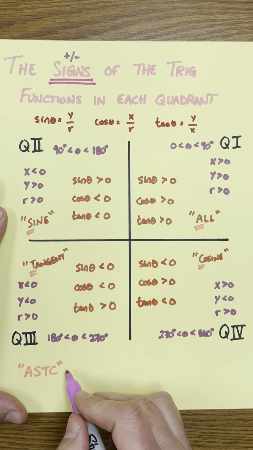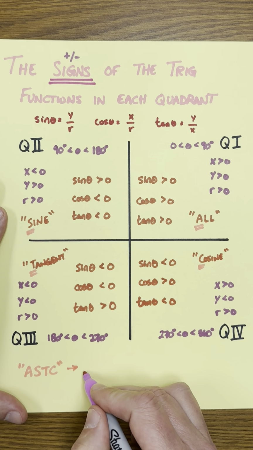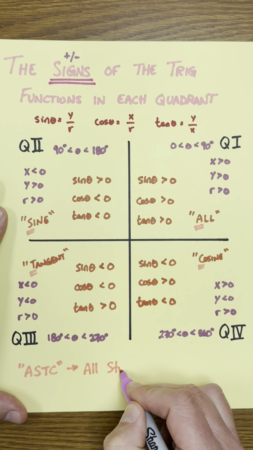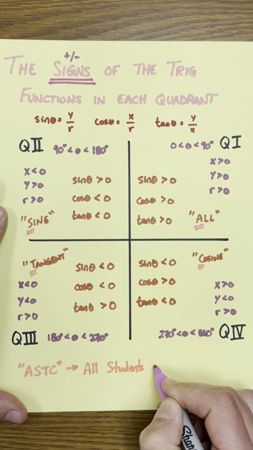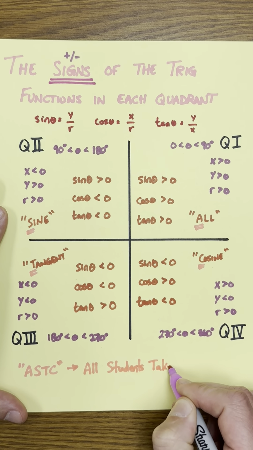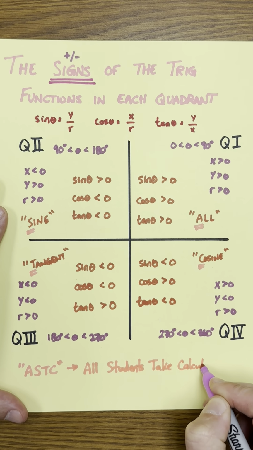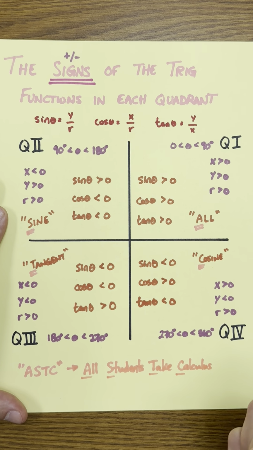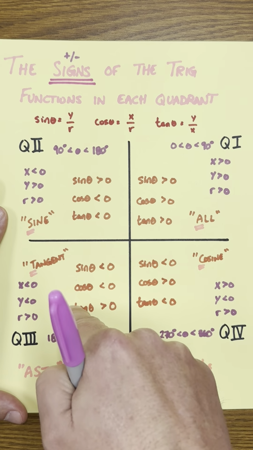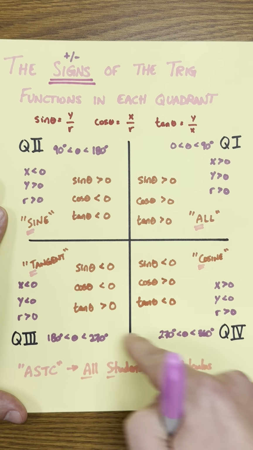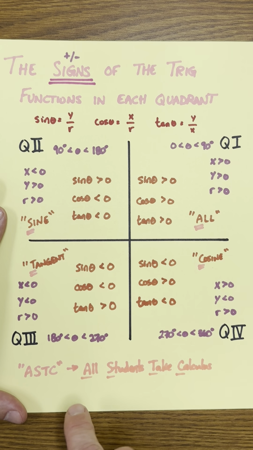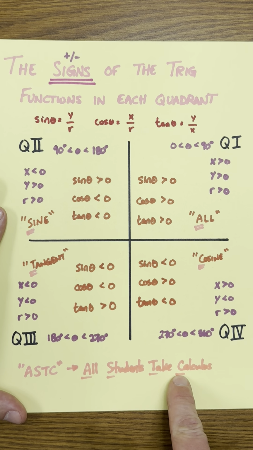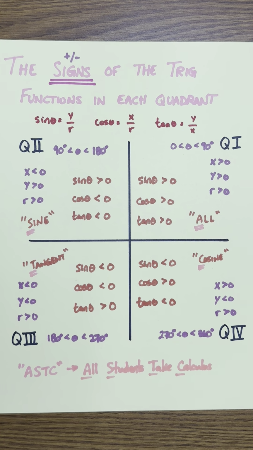Sometimes I find students make very humorous ones, but I always told my students in trigonometry that I expect all students to take calculus. All students take calc, ASTC. And if you just remember that, ASTC from quadrants 1, 2, 3 through 4, then you'll remember which trig functions, all, sine, tangent, cosine, are positive in those respective quadrants.